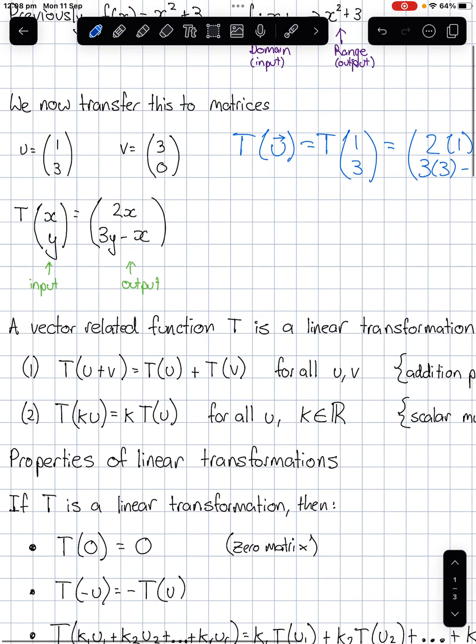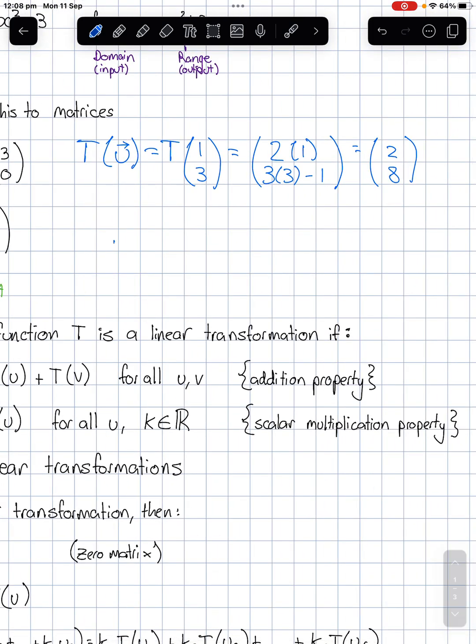So it means that my u, once it goes through this function T, becomes this. I'm trying not to get too crazy with the notation because this course doesn't actually use it.